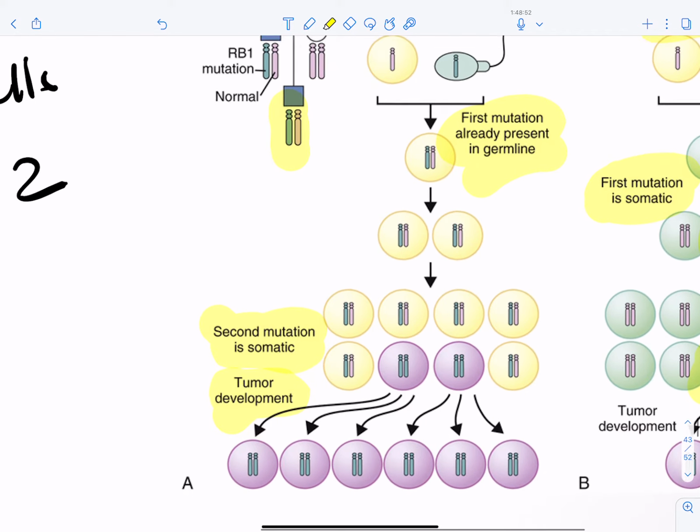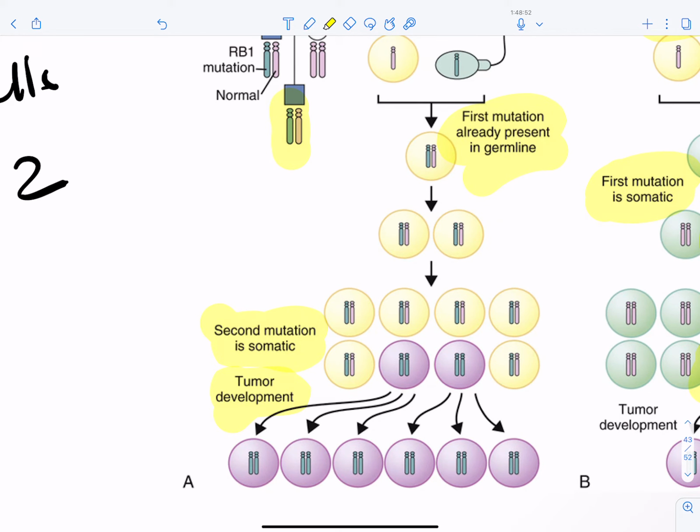Okay, so the mutation is already present in the germline when the baby was born. And so this mutation gets passed down through the genes. Now, the second mutation has to occur, and this is going to be a somatic mutation, not the germline mutation. And it's going to occur in some cells, and these cells are going to develop the tumor.